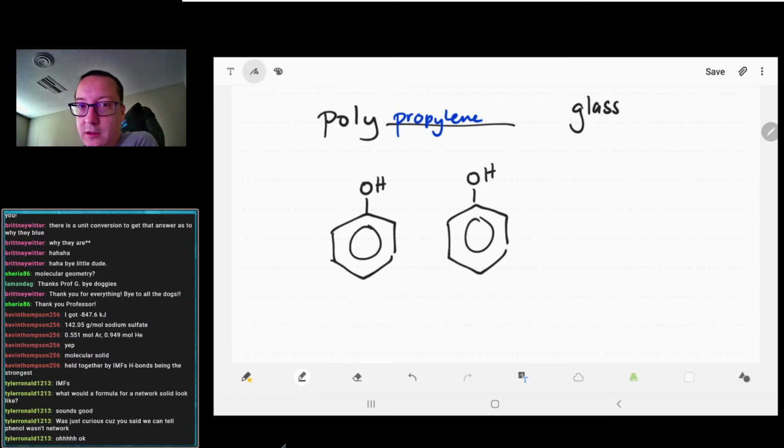Network solids are one giant molecule, with molar masses in the thousands, tens of thousands, hundreds of thousands. This has a molecular weight in the low hundreds, so not a network solid. Because we can identify discrete molecules here, it's going to be a molecular solid.